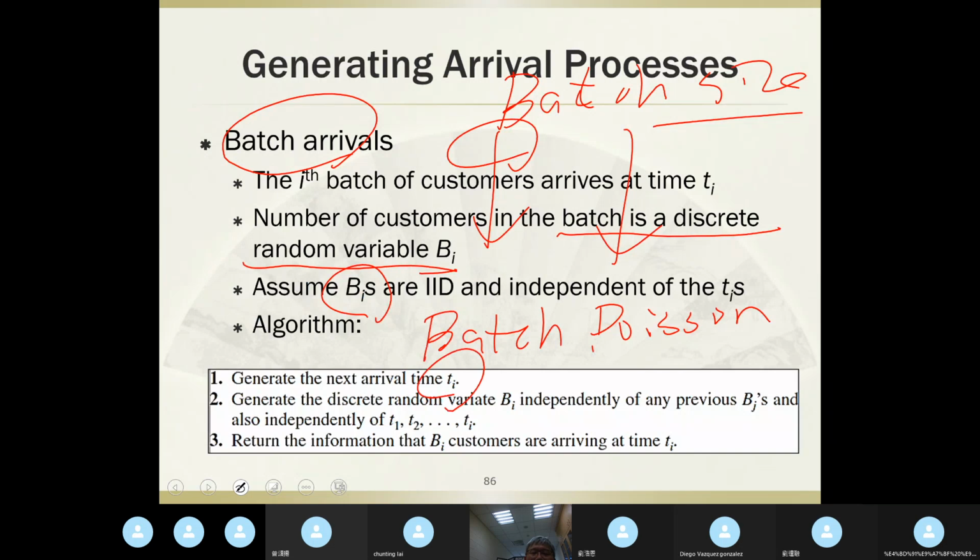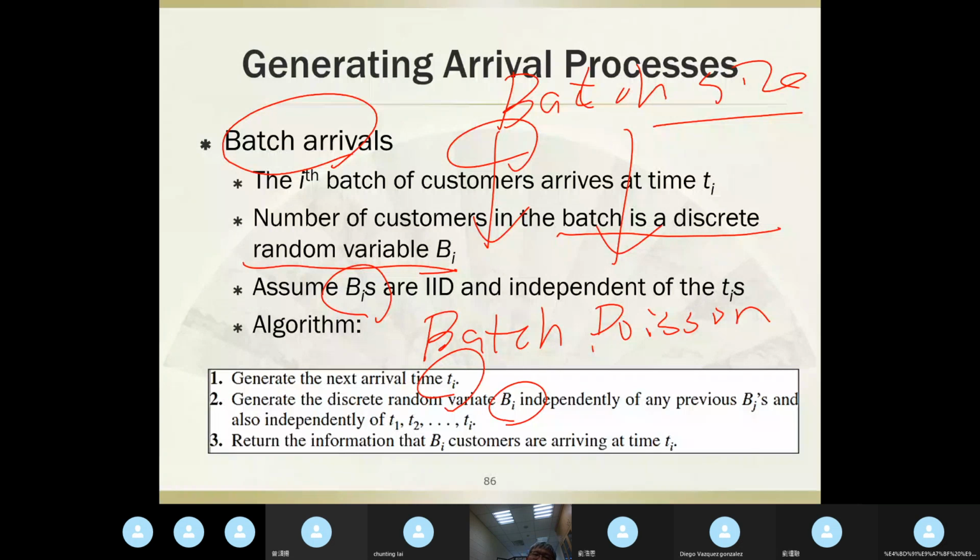Okay, so generate using Poisson and generate batch size at the same time instance. Okay, and you can repeat and so that you can have the batch Poisson. That's all. So this is a discussion for chapter 8.